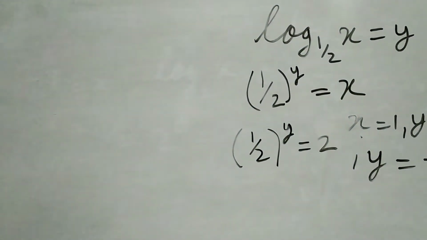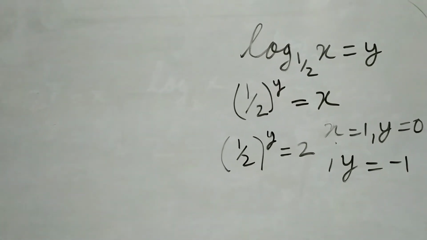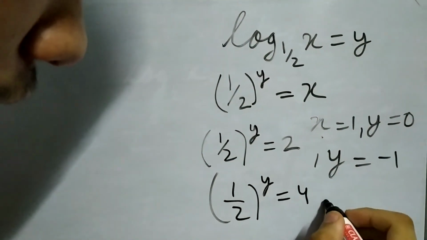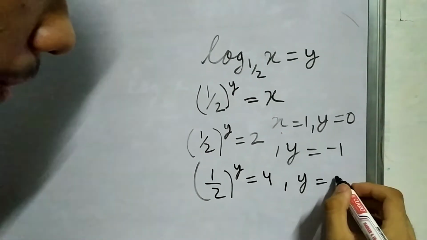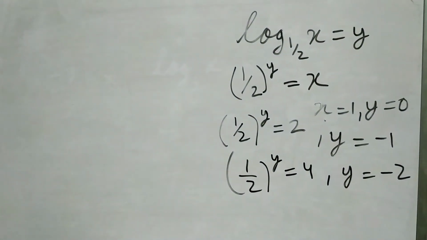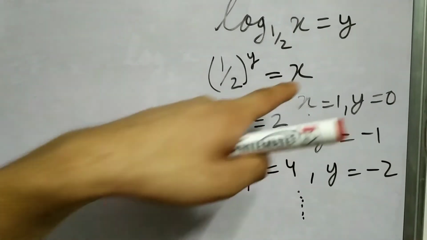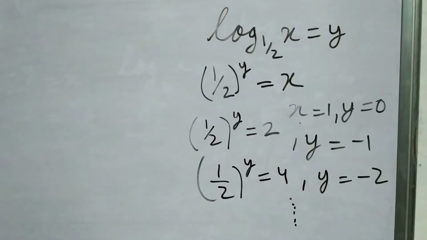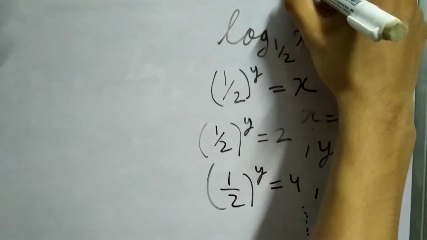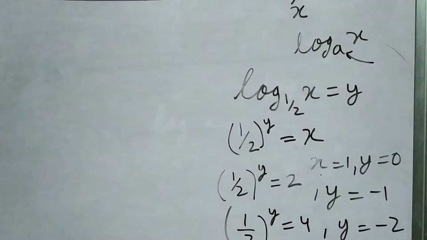So as x increased, y has decreased. Now let's see, (1/2) to the power y is 4, so this gives y as -2. And this will go on. So as x increases, y will decrease, and this is obvious because if this quantity is less than 1, then it is a fraction.